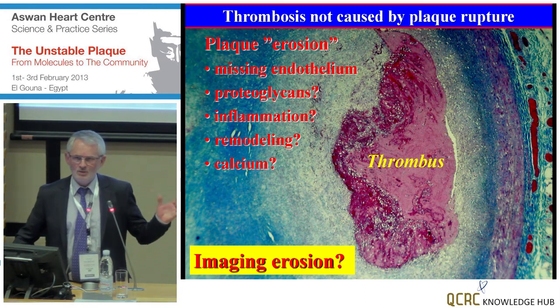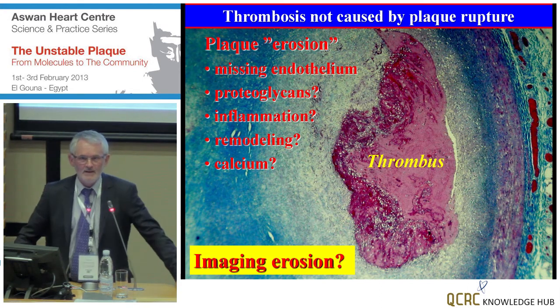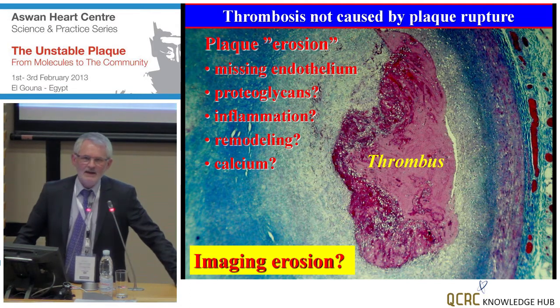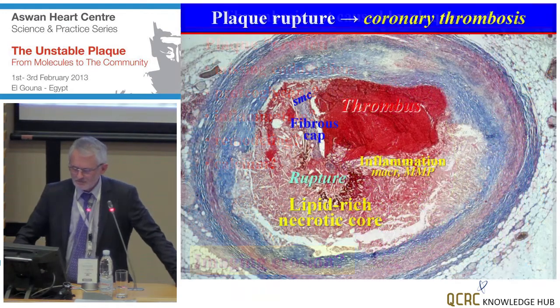But in fact, there are no specific characteristic features of eroded plaque. You may say these plaques have identified themselves as high-risk vulnerable plaque by superimposed thrombus. But you cannot identify any particular feature of the plaque, and therefore no one knows how we should try to detect them, to find them by imaging.